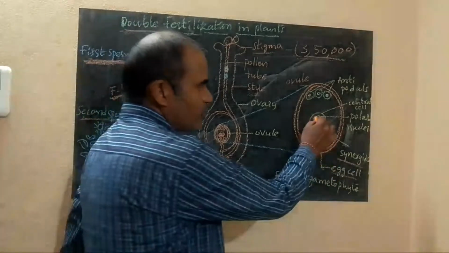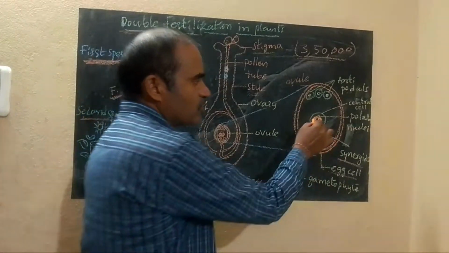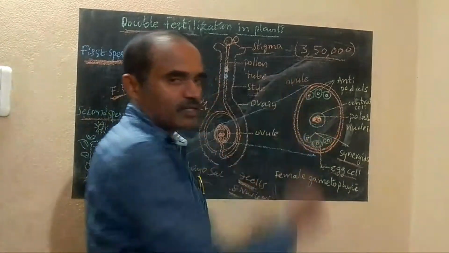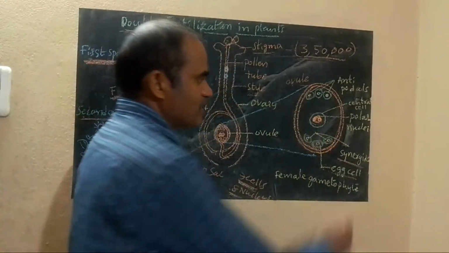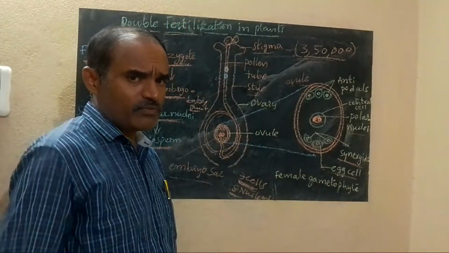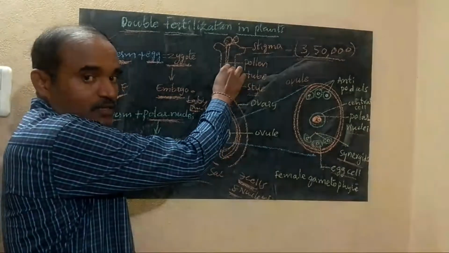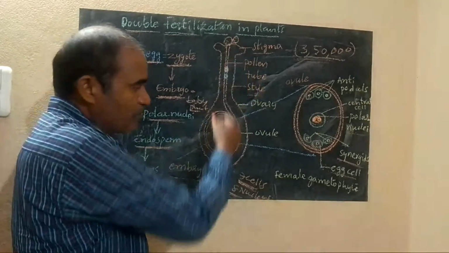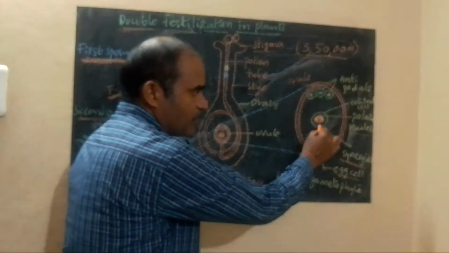Both the polar nuclei combine together and form a single nucleus cell, also called the fusion nucleus. So the second nucleus or second sperm combines with the polar nuclei.